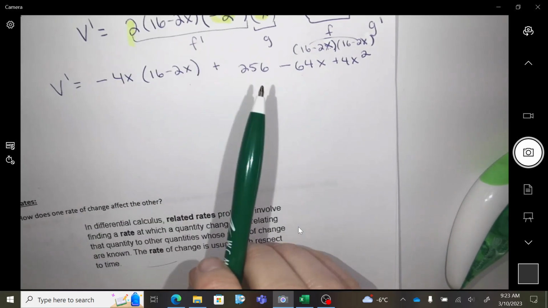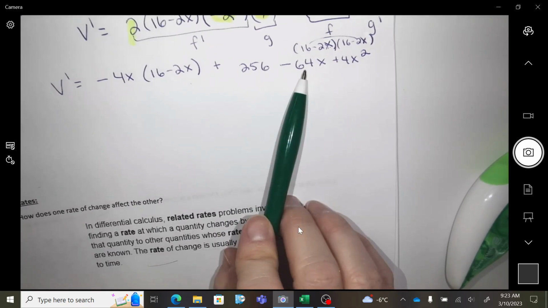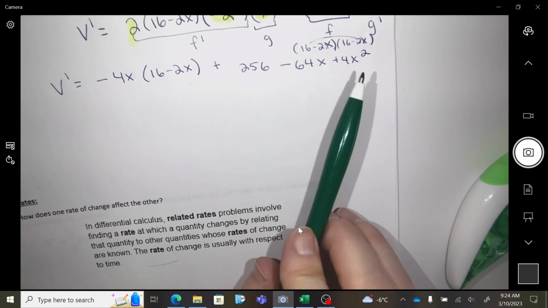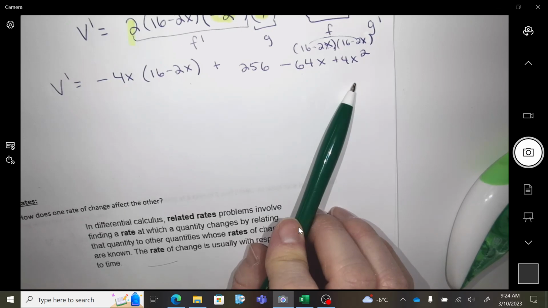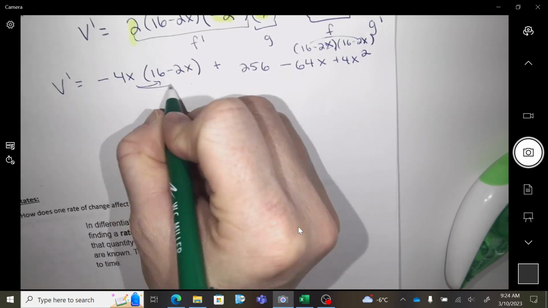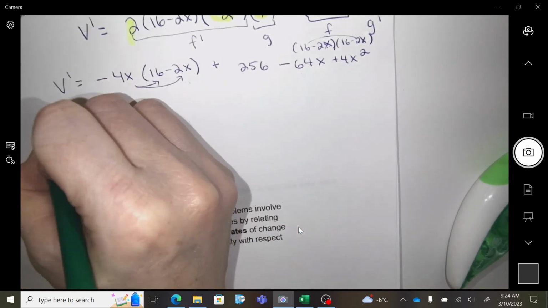So to do it, are we all the same? 256 minus 64x plus a 4x squared. That's good. Okay, let's distribute that, start collecting stuff.